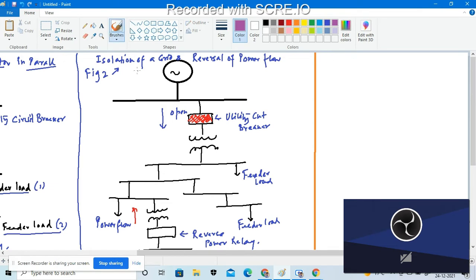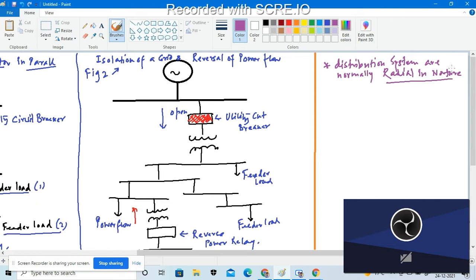We know that distribution systems in a power system network are normally radial in nature. So although the distribution network is radial in nature, that holds true for both the utility and the plant distribution system.